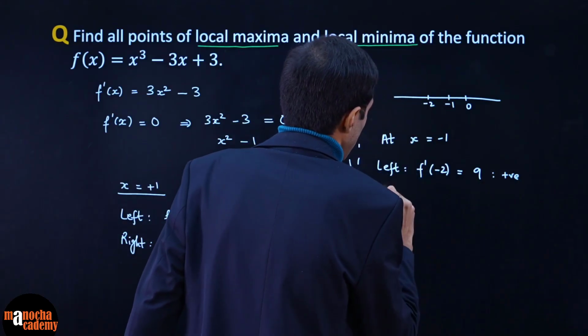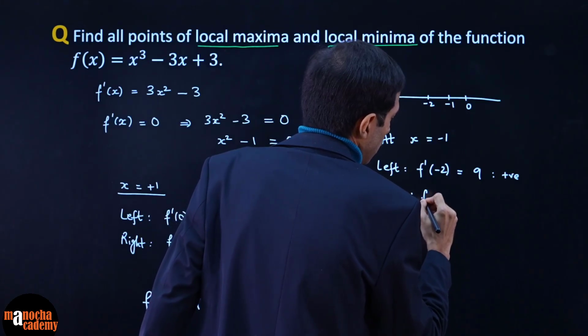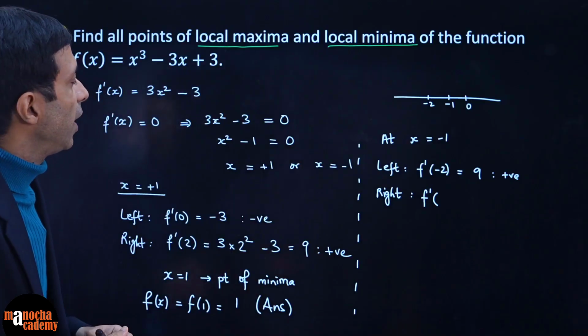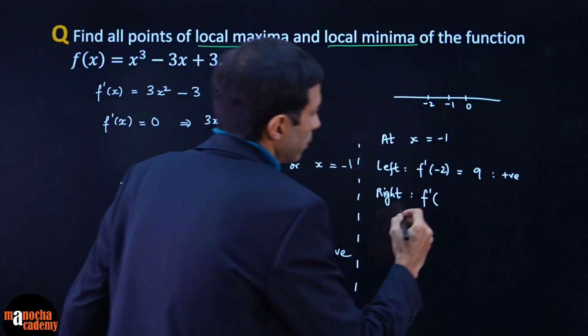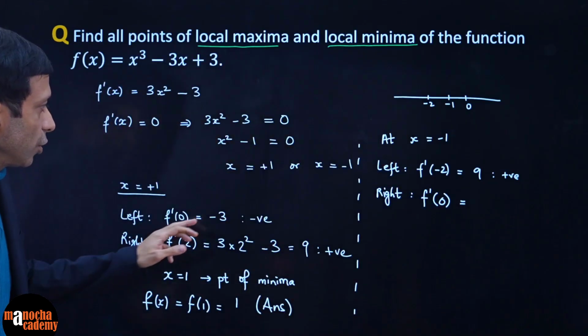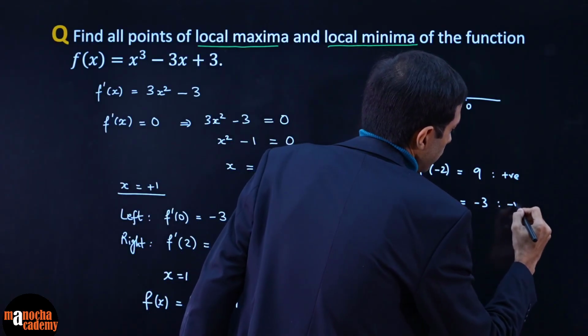And if you consider to the right of it, f dash of, let's take 0. I think we already found that here. f dash of 0 was minus 3. Negative.